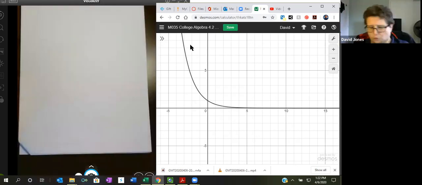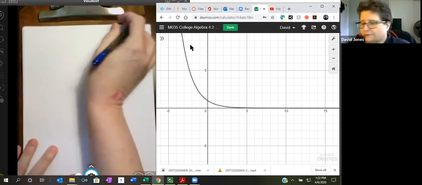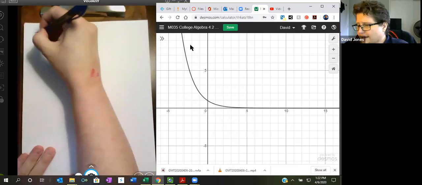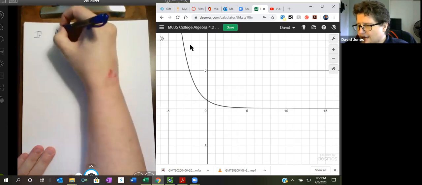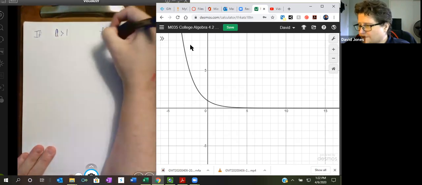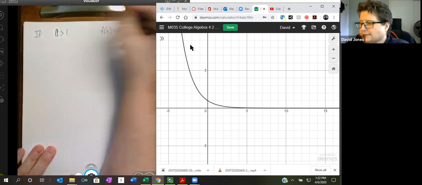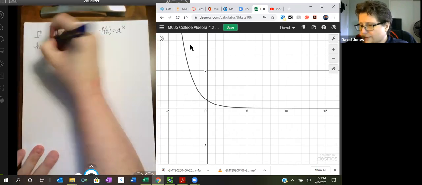So if a is greater than 1, what does it mean in general? If a is greater than 1, and we're looking at f of x equals a to the x, then f of x is always increasing.